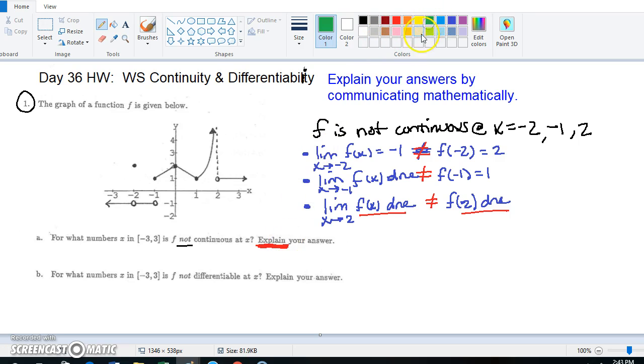All right, let's talk about differentiability. When is this function not differentiable? Well, automatically, what do you know? Wherever f is discontinuous, which is at -2 and -1 and +2, the function is automatically not differentiable.